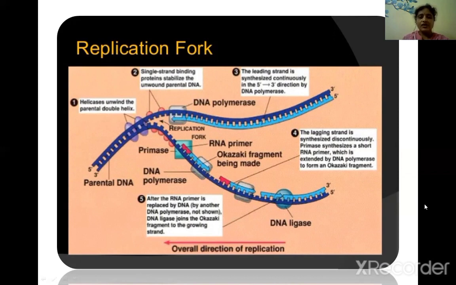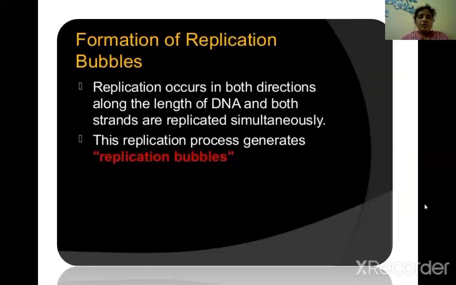We can observe here, this is the replication fork. Formation of replication bubbles. Some bubbles occur during the replication process. Replication occurs in both directions along the length of the DNA, and both strands are replicated simultaneously.